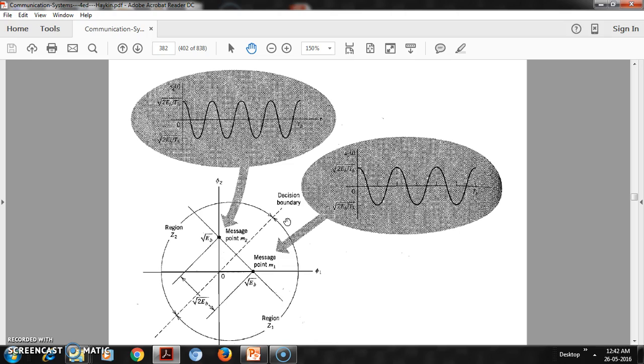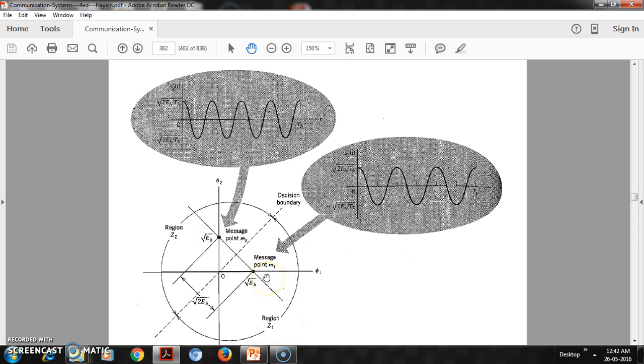If the value of x1 becomes greater than x2, it corresponds to this region Z1. And if the value of x2 is greater than x1, remember x2 corresponds to the second basis function phi 2, then the received signal point lies somewhere in this region Z2.